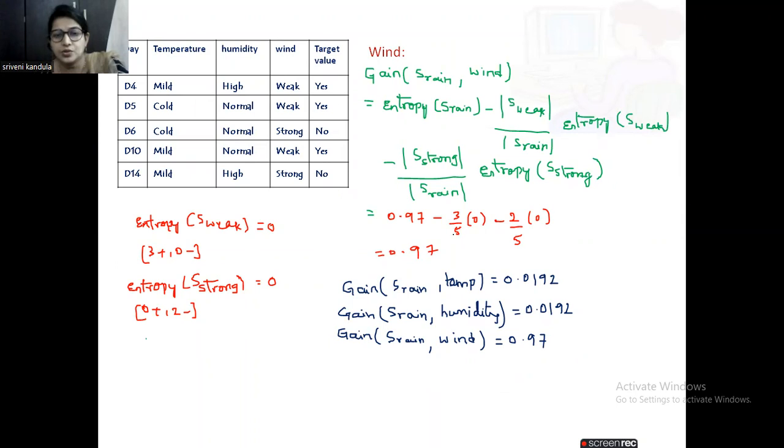And if you substitute back this in the formula, we are getting the gain value of 0.97. So here I have just listed the gain values of all the 3 attributes. Here we have 0.97, which is high, that we obtained for the attribute wind. So now this will be considered as the next root node.